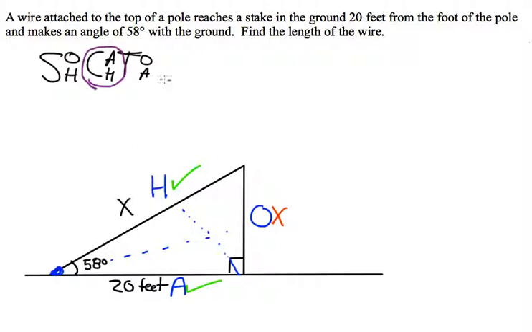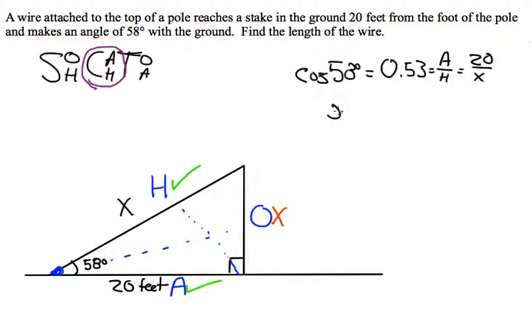So what I know is that the cosine of 58 degrees is equal to 0.53, if I just look that up, which, like all cosines, is equal to A over H. So in this case, that's going to be equal to 20 over x.